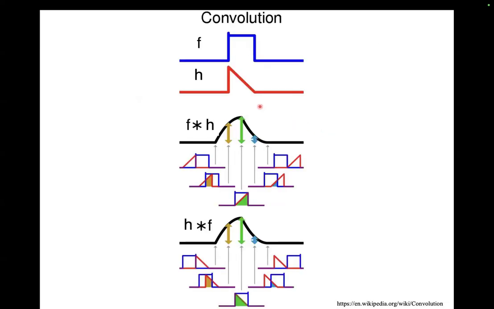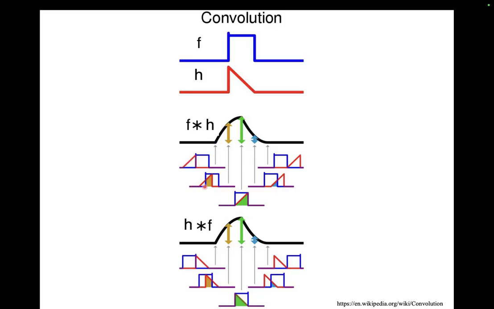And visually, what that looks like is, here's my point spread function. I flip it such that it looks like a backwards version of H. And now I do an integral: for each offset of the function, I multiply H and F and get a value and plot that value.